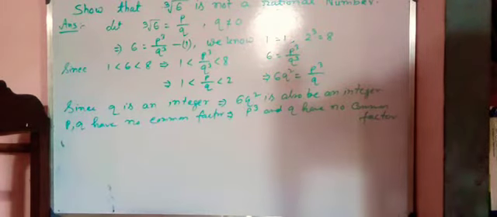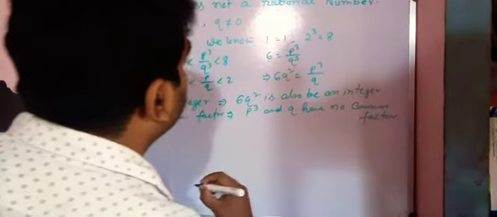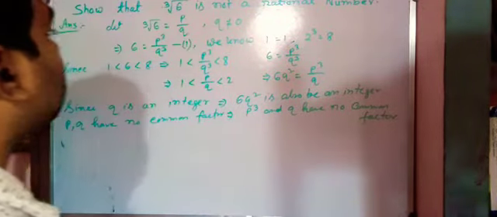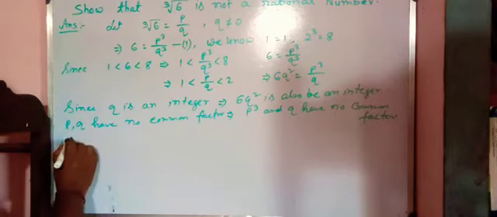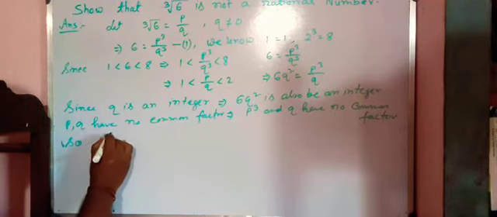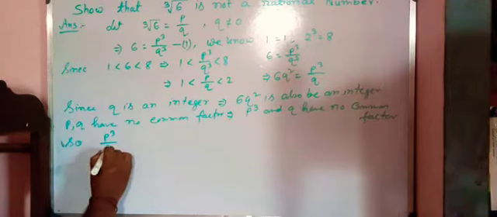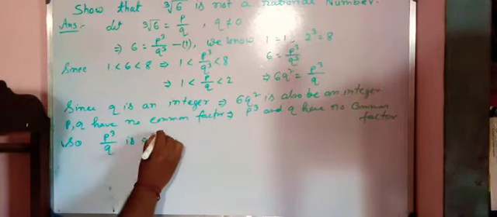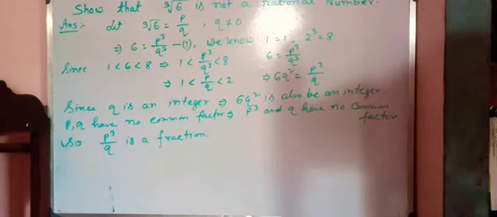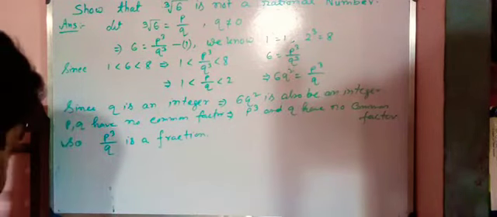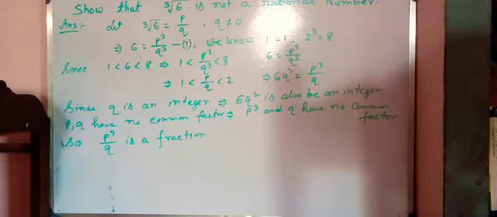Hope you are able to see the board. Understood? So clearly p cube by q is a fraction number. Since they have no common factor, so they are also fraction number.